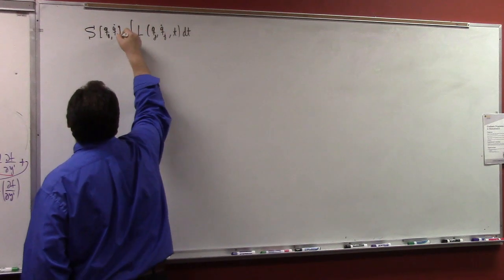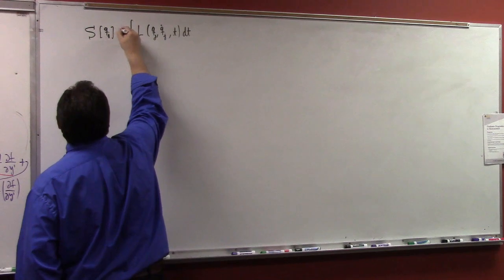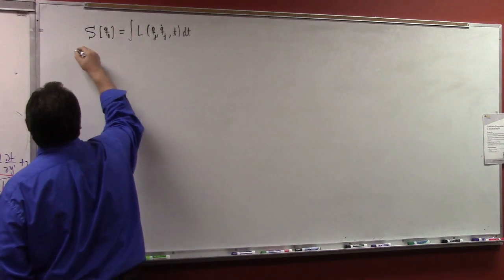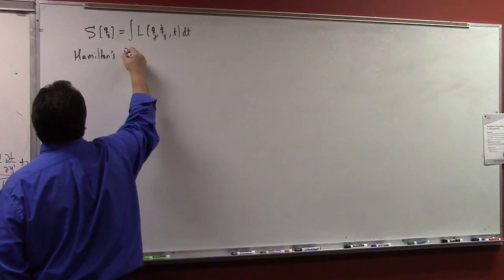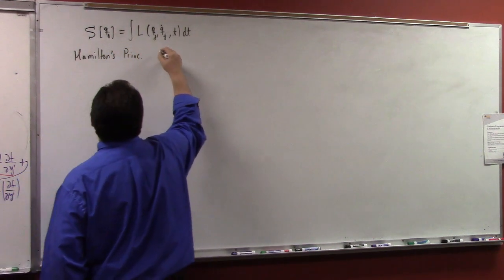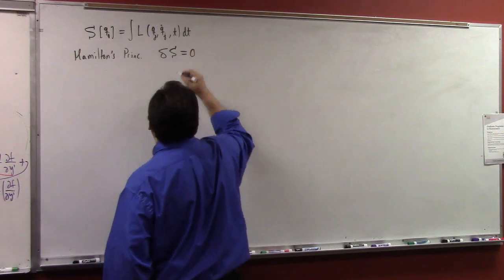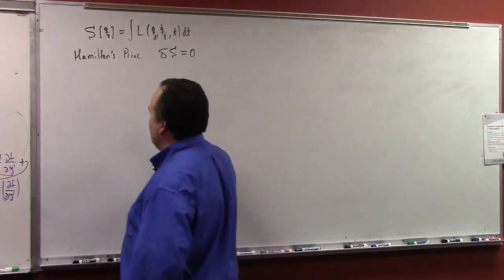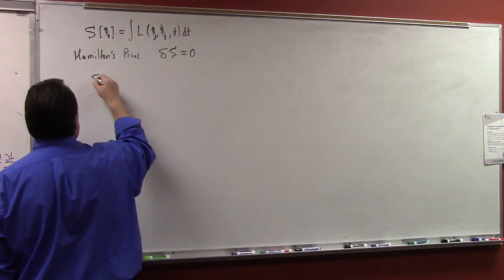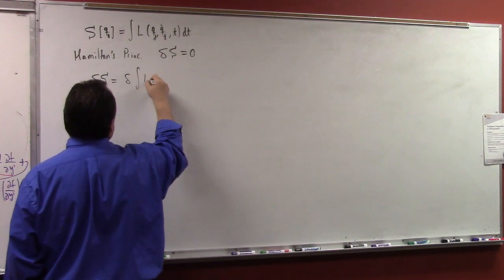Well anyway, they probably wouldn't have written it that way. They'd say, okay, Hamilton's principle of least action says that the variation of the action is equal to 0. That's what we said in physics. And so you just take the variation of the integral.